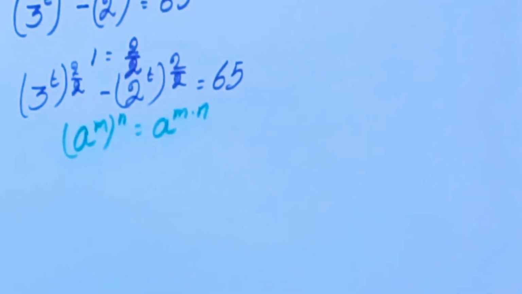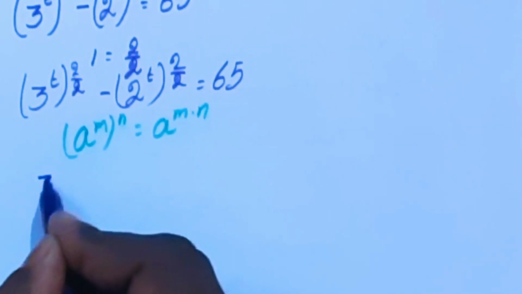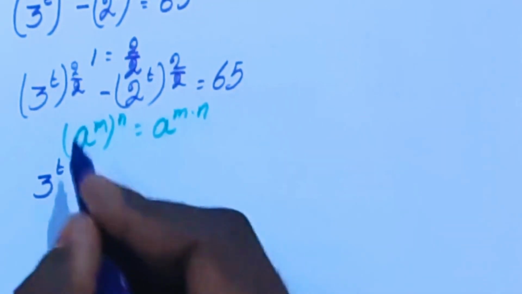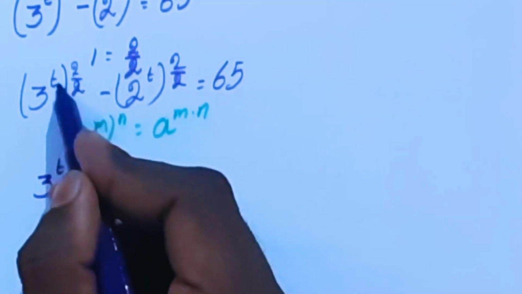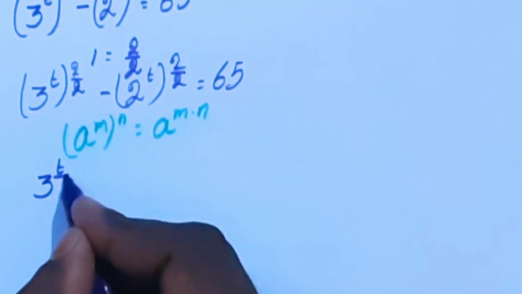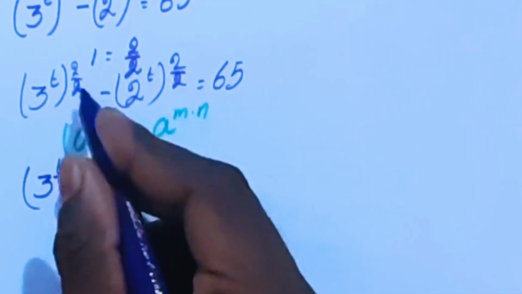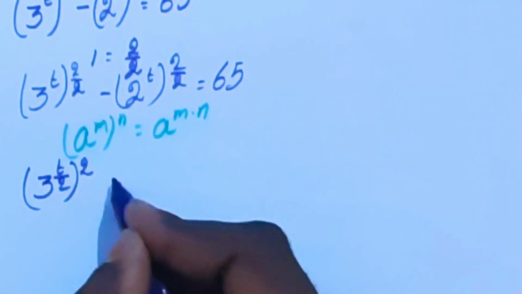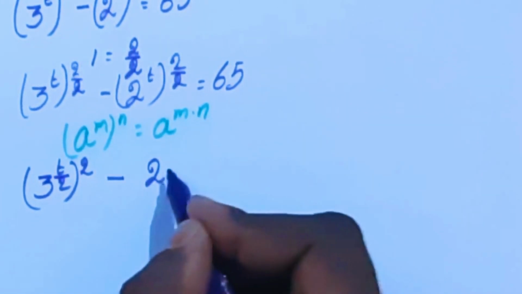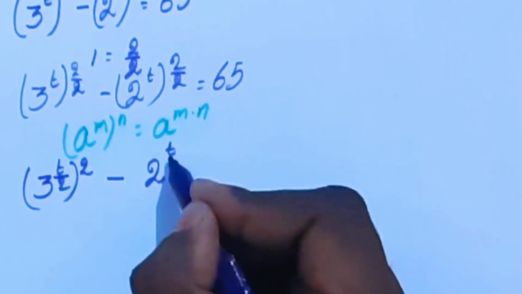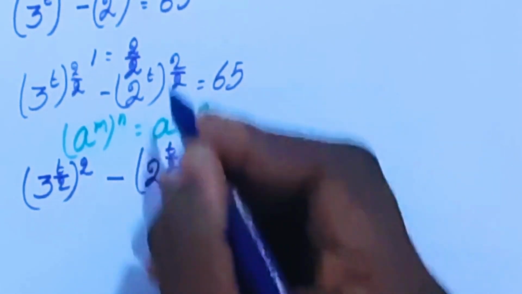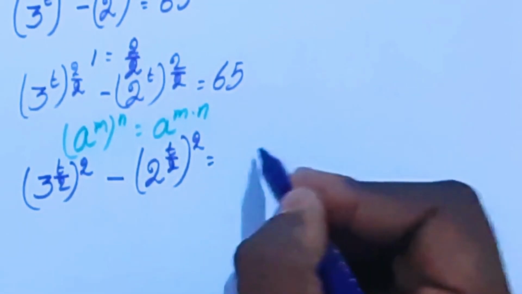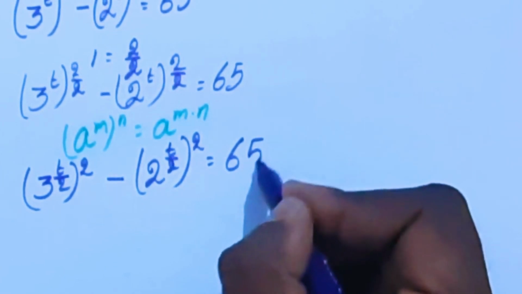So we'll get 3 power t. This denominator we are going to bring here. So (3 power t by 2) whole power 2 minus (2 power t by 2) whole power 2 equal to 65.